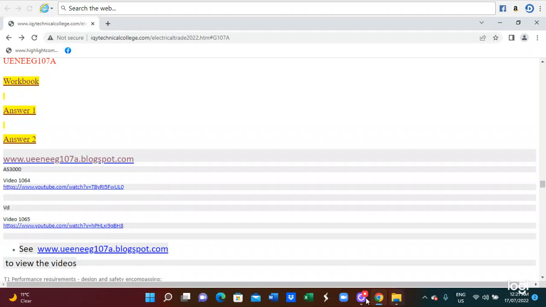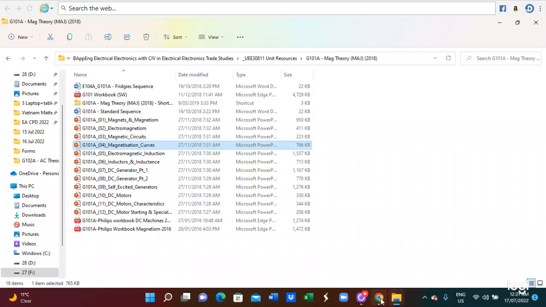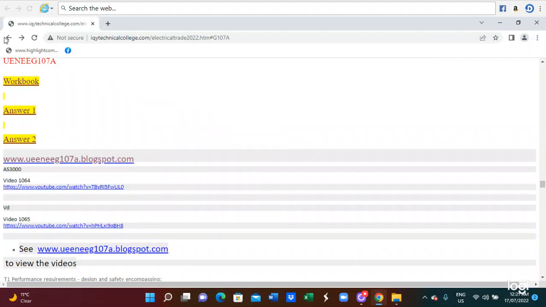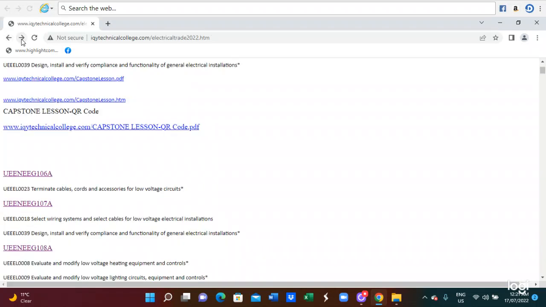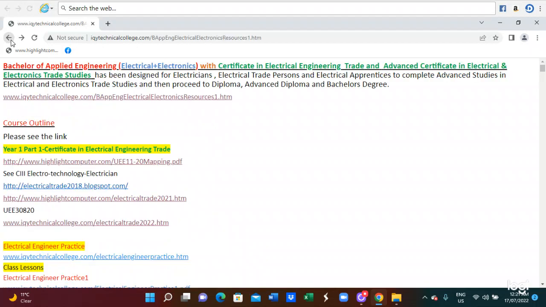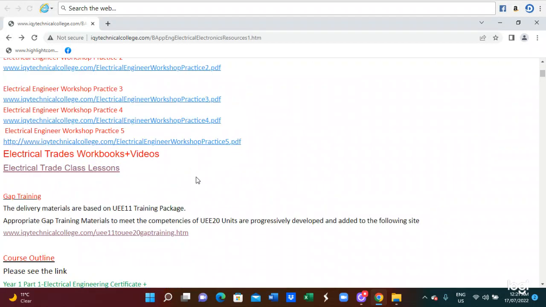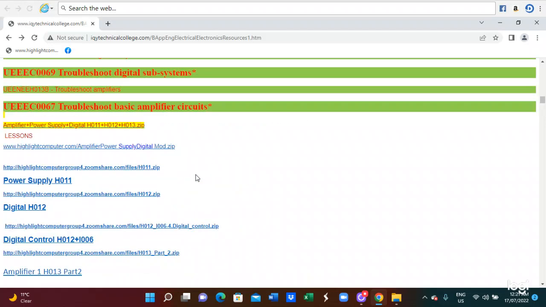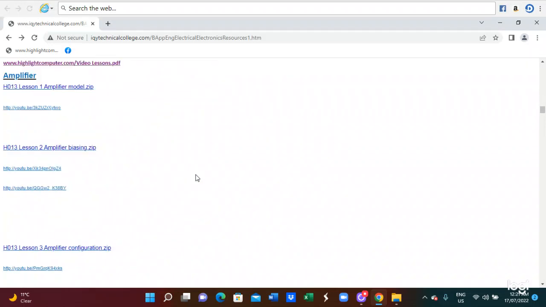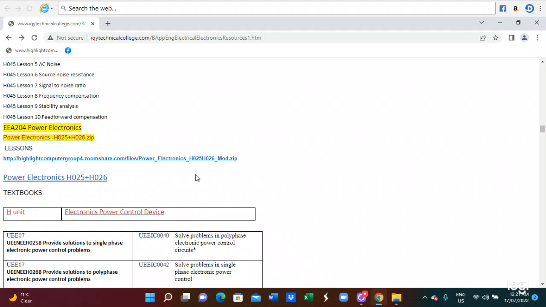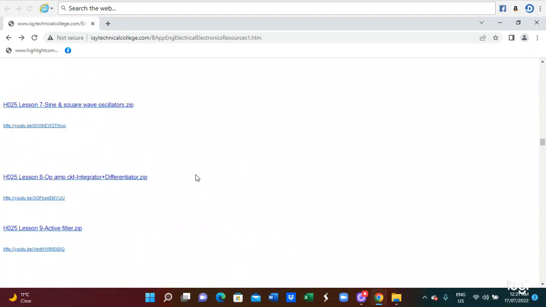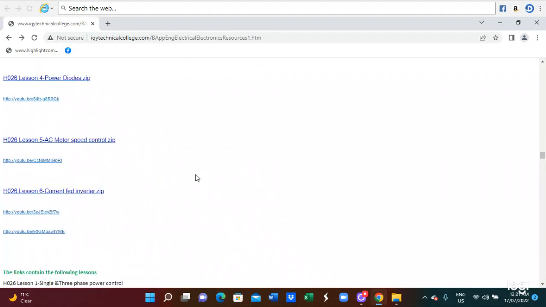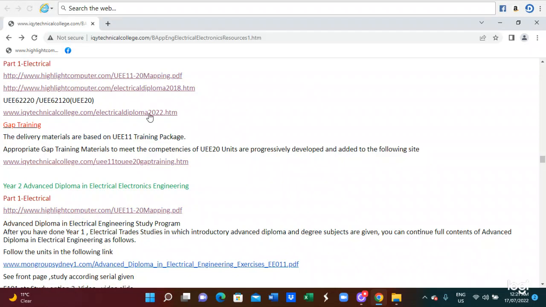And also you have to do the advanced diploma in electrical engineering. Go down here, and you have to see the advanced diploma electrical engineering, electrical diploma 2022.